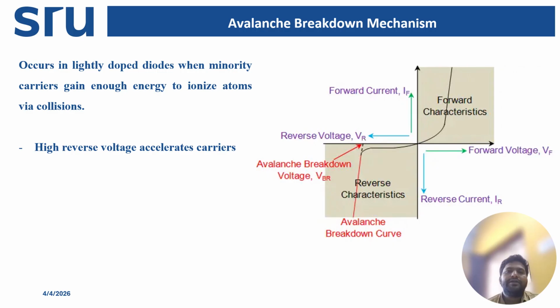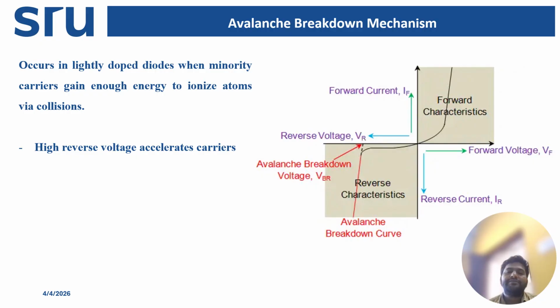So important characteristics of avalanche breakdown: it occurs at high reverse voltage, happens in a lightly doped diode where the depletion region is wide, and has a positive temperature coefficient. Current must be limited to prevent damage to the diode.